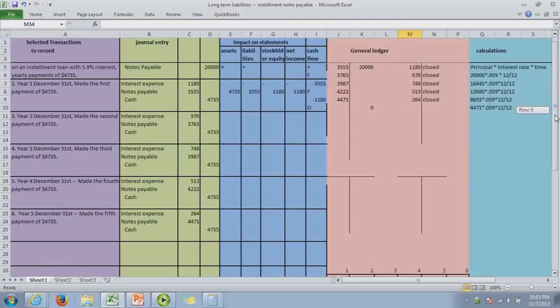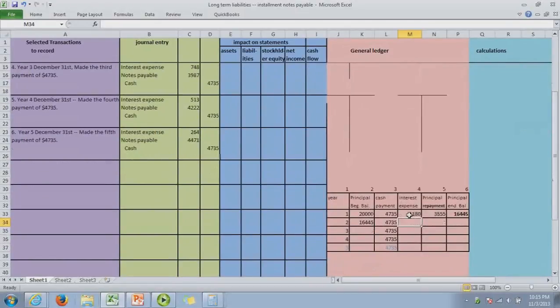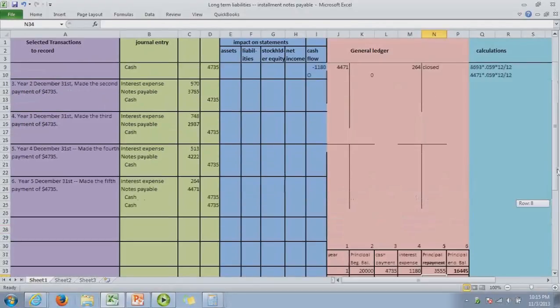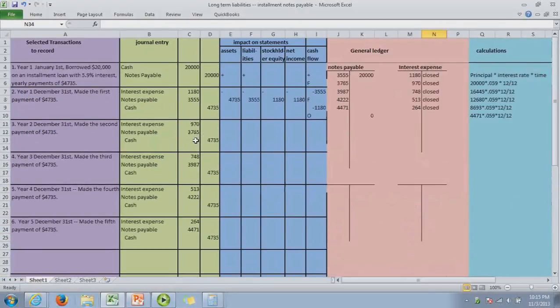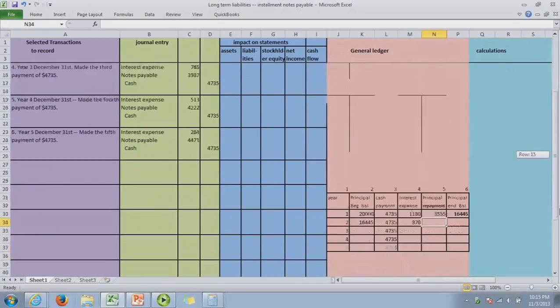When we do this, we had 970 here. So let's fill in the 970, and then column 5 is simply column 2 minus column 3, or cash payment minus interest. When we did that, we had 3,765.